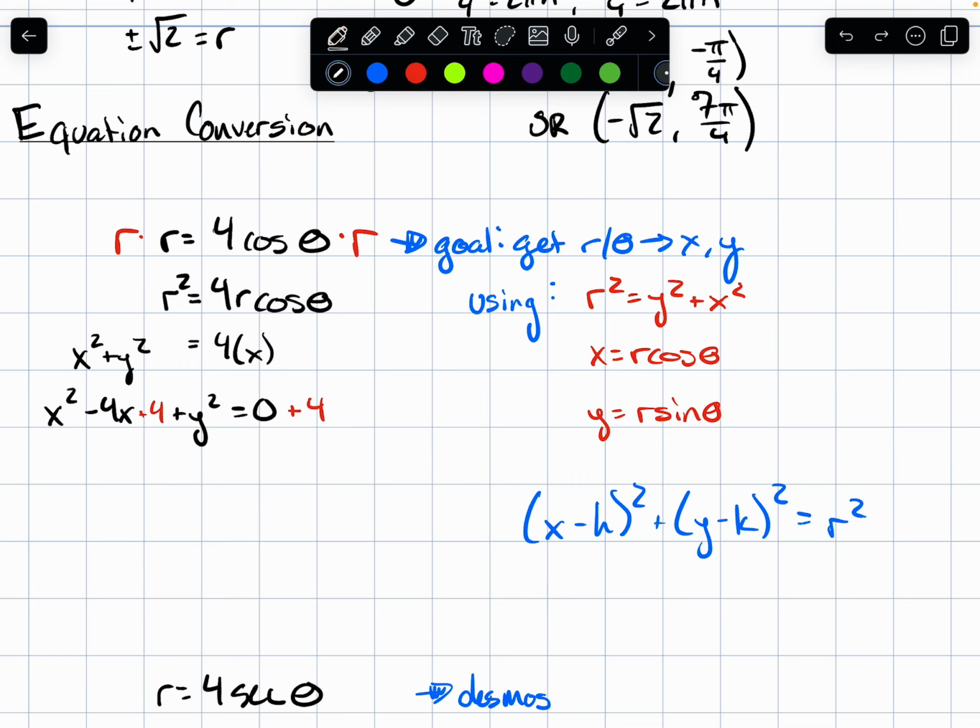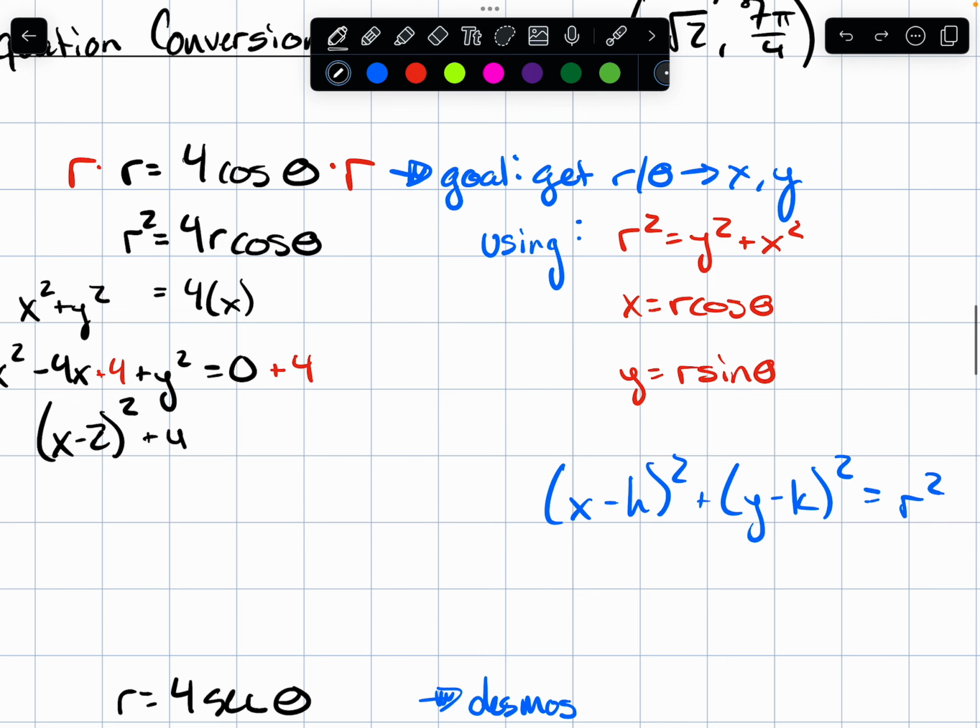So, essentially, factoring that, we can rewrite x squared minus 4x plus 4 as x minus 2 squared plus y squared equals 4. So this would be our equation. Now, I know that this is sort of a higher level example. The next one's going to be much, much simpler.